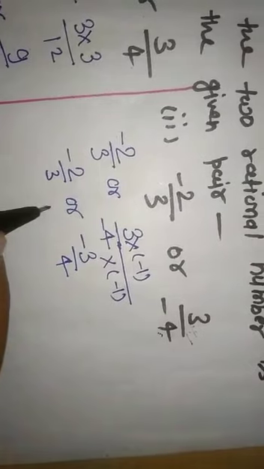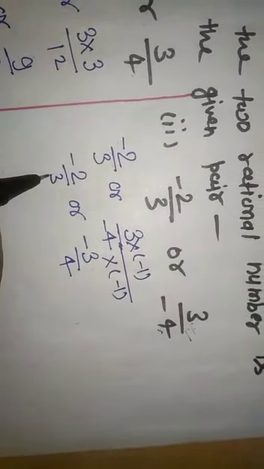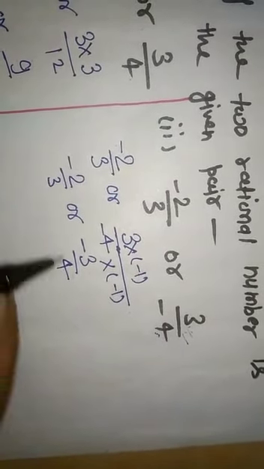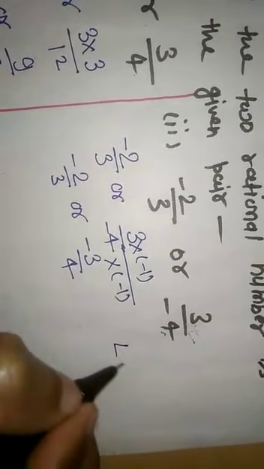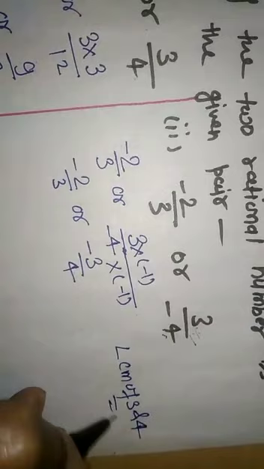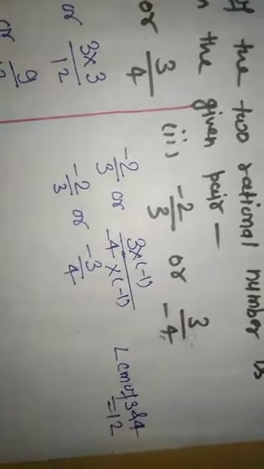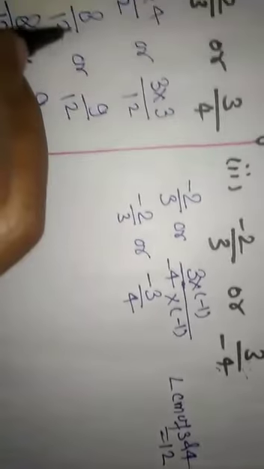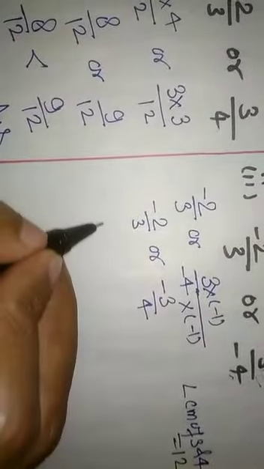So your second step: take the LCM of their denominators. The LCM of 3 and 4 is equal to 12. Same process as the previous question.